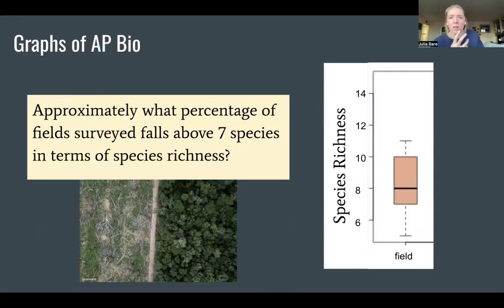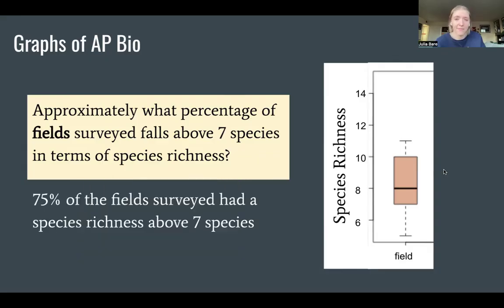So let's question ourselves a little bit on this. Approximately what percentage of fields surveyed falls above 7 species in terms of species richness? Did you get it? 75% of the fields surveyed are above 7 species, because remember, each section of the box represents 25%.